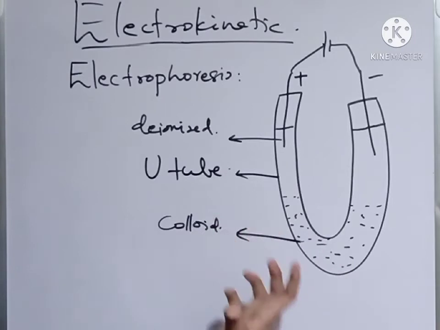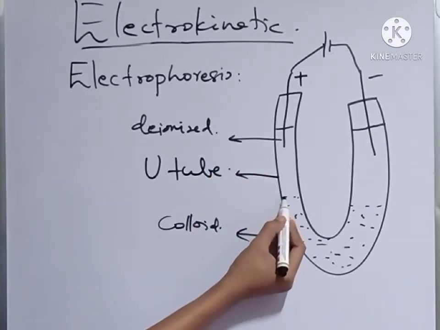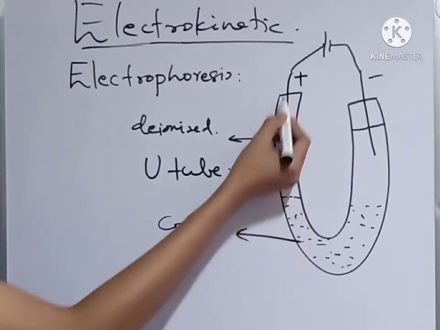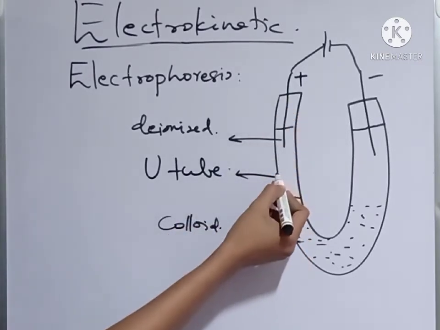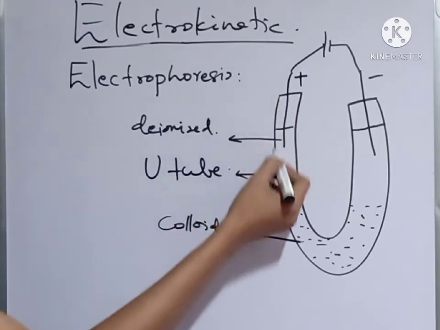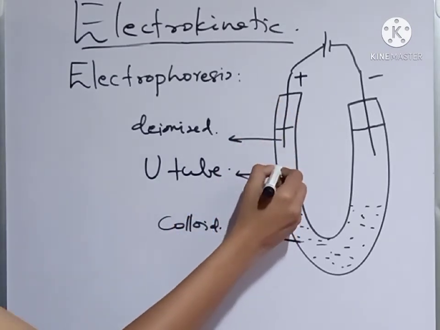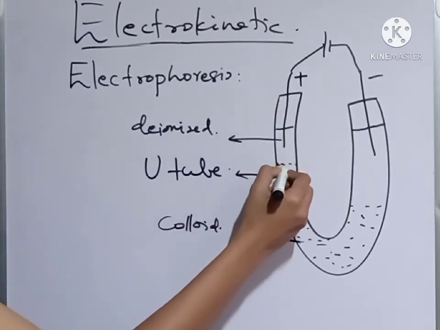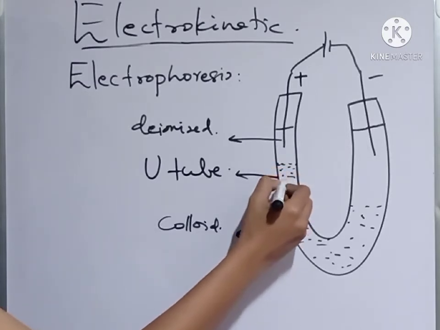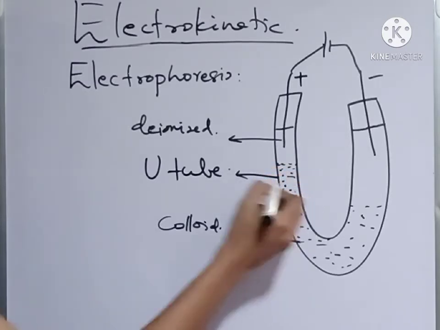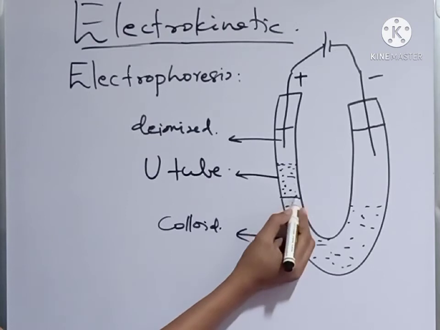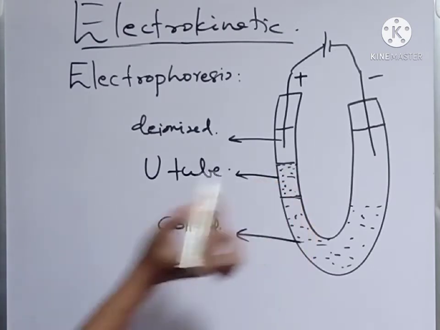If we apply some potential difference and this is a negatively charged colloid, then the colloidal level in the positive electrode region will rise. This is the original level, and this is the new level.